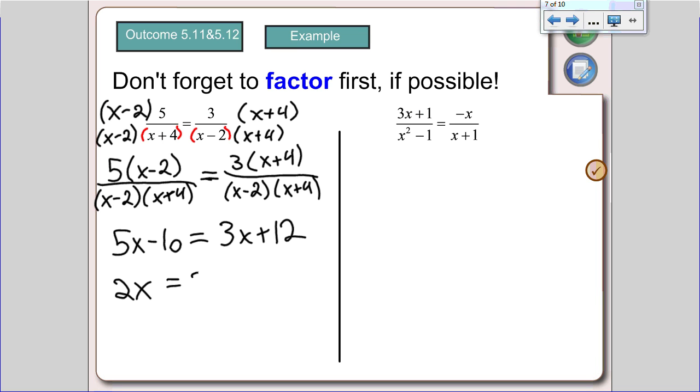Is x allowed to be equal to 11? Go back and check your non-permissibles. X can't equal -4 and 2. So we're good. If it didn't work, that would mean there's no solution.